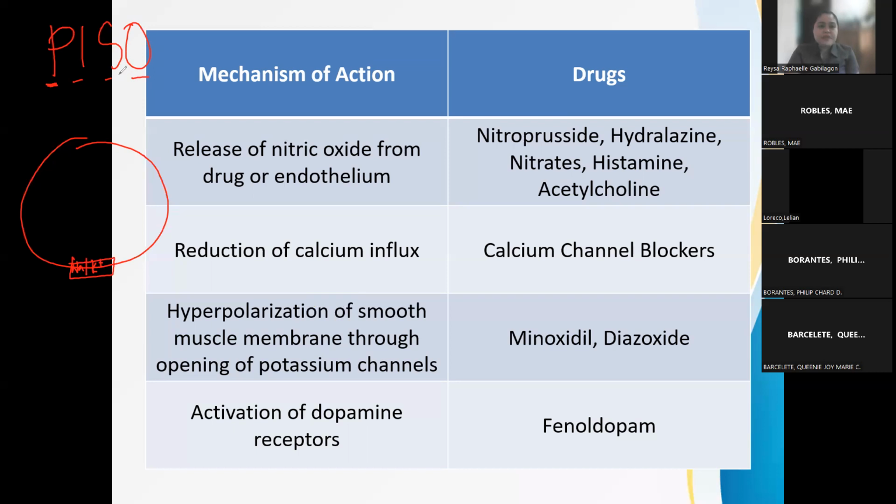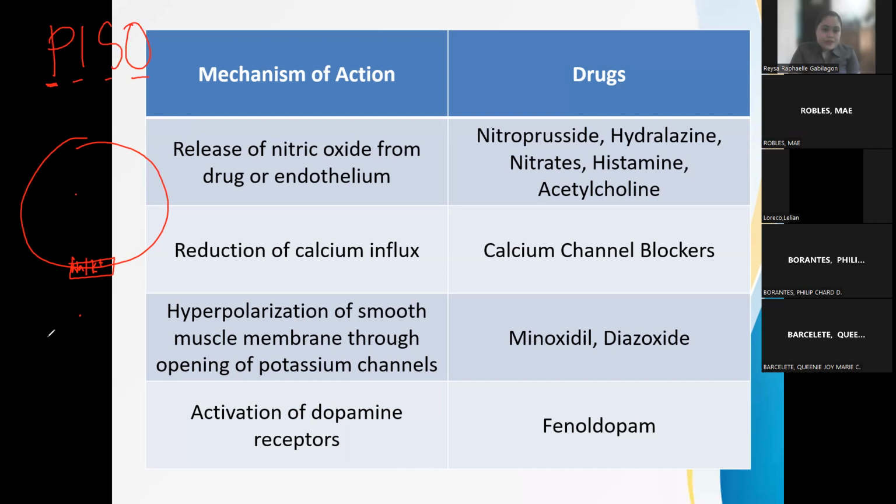Intracellular siya. And then ito, sodium out, extracellular. So dapat nasa labas. So dito sila mag-exchange. For example, si potassium ay nasa labas, si sodium nasa loob. So mag-exchange sila.